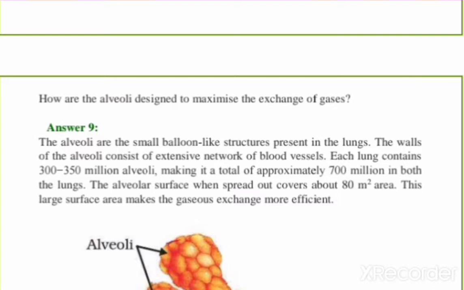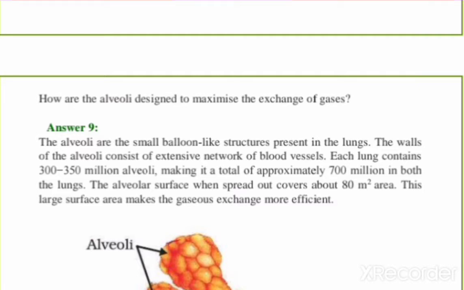So alveoli are present in a huge amount in our lungs, which helps to increase the surface area and makes the gas exchange more efficient. When the surface area is more, it is very easy to exchange gases in our body. The more alveoli present, the more efficient the intake of oxygen from the outer environment.